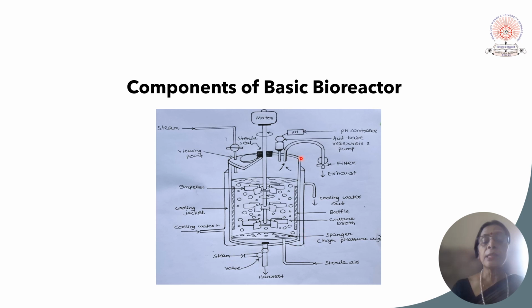Then the shape of the bioreactor is almost rectangular. The jacket is thick. The body is thick to withstand pressure because a heavy amount of pressure is generated. The wall is made of stainless steel or glass. Then this is the shaft carrying the layers of impellers.